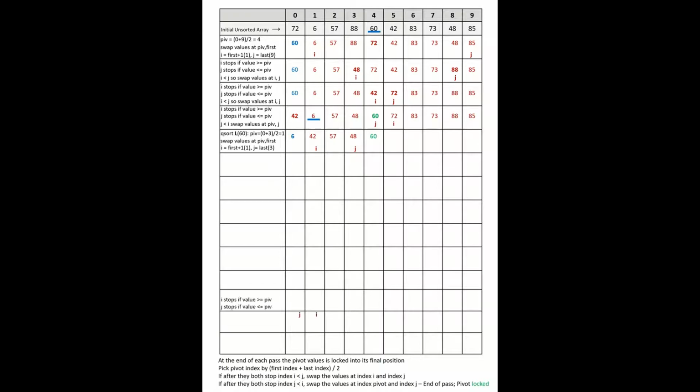In this case, I will stop at 42 because it's greater than or equal to 6, which is the pivot, but J moves all the way into the pivot. And now, since J is less than I, like we had up here, we swap the values at pivot and J. Well, we swap 6 with itself, but that has the effect of locking in the 6.